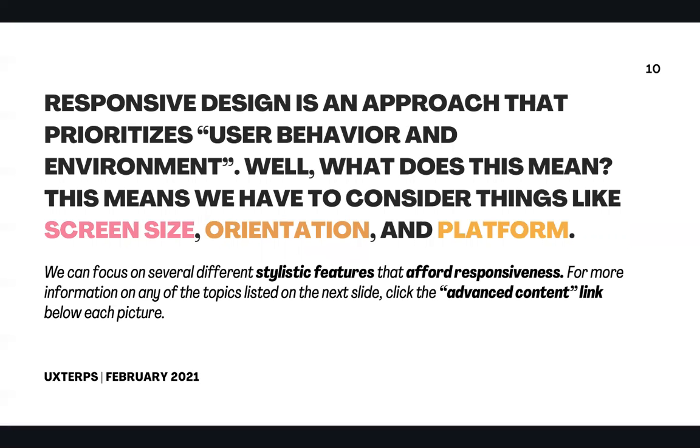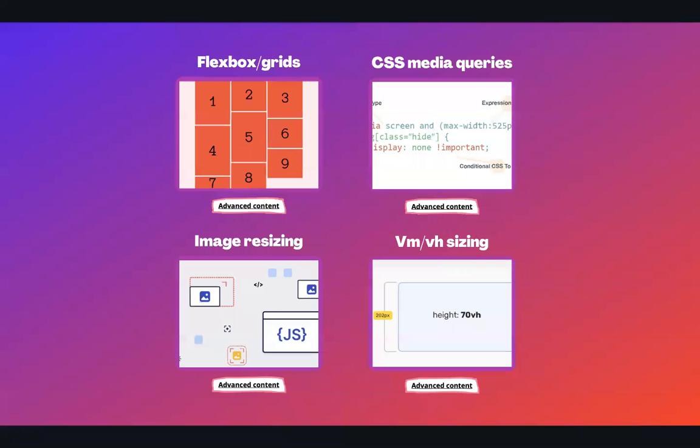And so we can focus on a lot of different stylistic features that afford responsiveness. And so we've provided 4 different features that are really helpful to start your journey. And you can click on the different resources that talk about them more in depth, with the advanced content links below each picture. So we've got Flexbox and Grids.